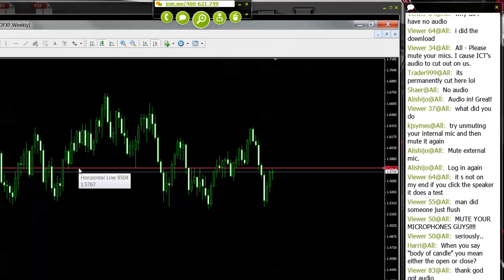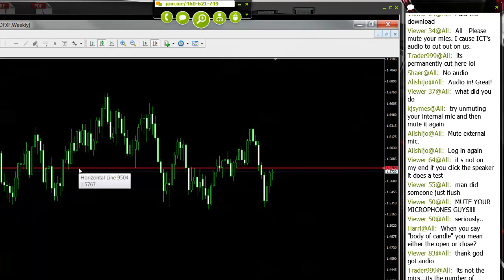It's 157.67, so around the 157.70 or 157.60 level, a small number, you would have that on your chart.